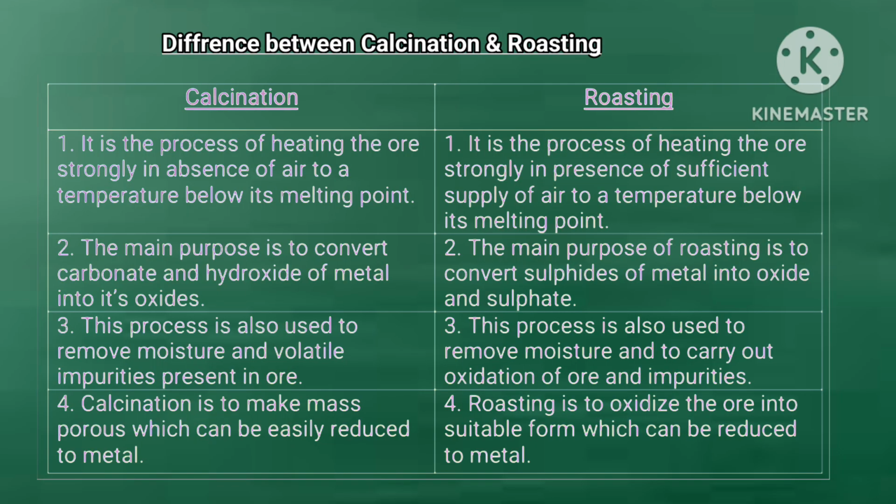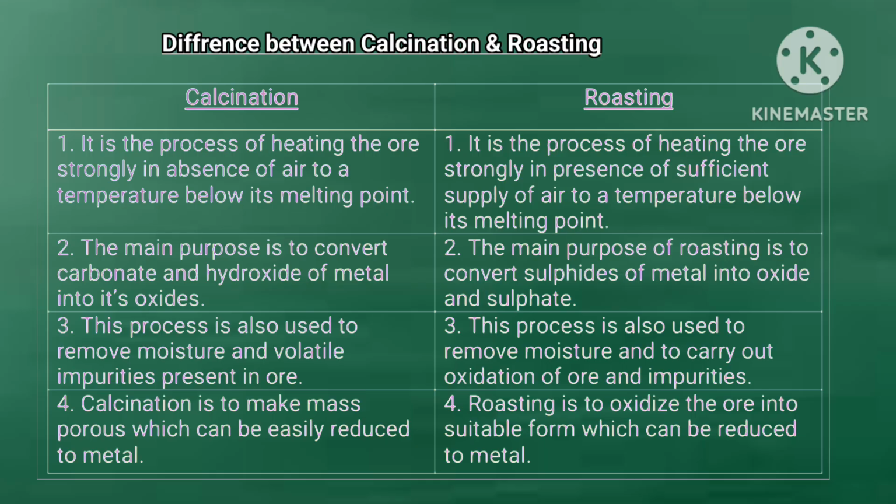The first point is that it is the process of heating the ore strongly in the absence of air to a temperature below its melting point. It means that in this process, in the absence of air, we heat the ore and the temperature must be below the melting point.